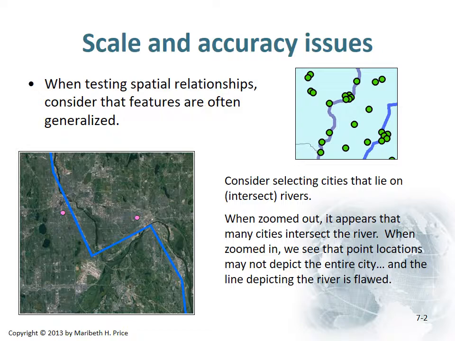And we can see that although the city, and in fact maybe two or more cities in this area are indeed on the banks of the river, the point location that for some reason is showing us where the city is located is where the cartographer chose to place the idea of a city center.